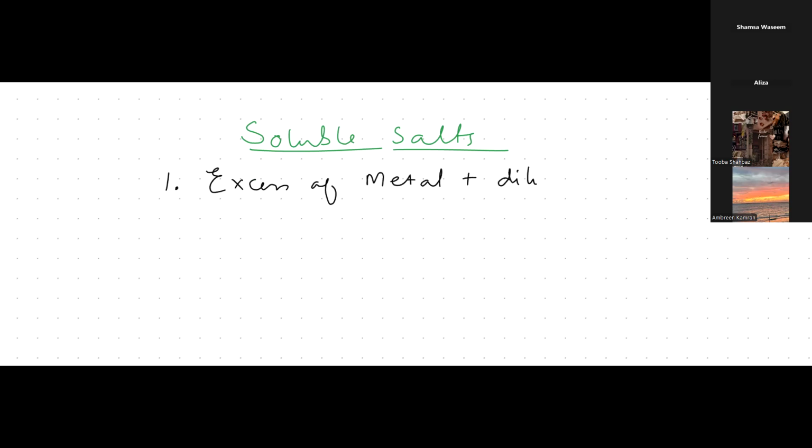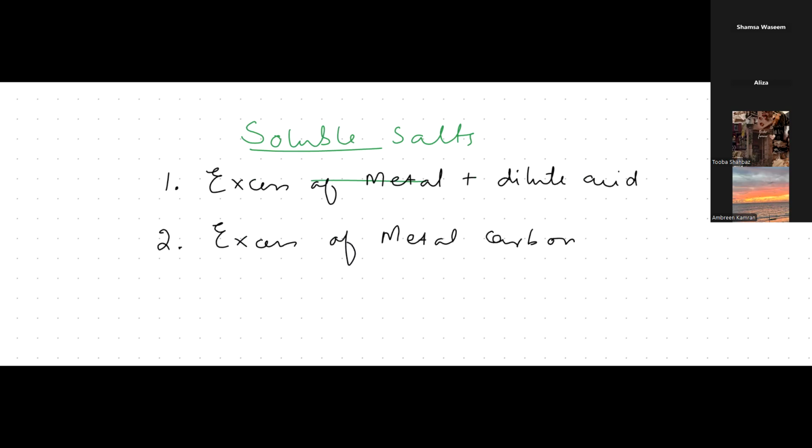I'm going to write on excess and let you know each and every point why we are using that excess. One method to prepare soluble salt is the use of excess metal plus dilute acid. The second method is the use of excess metal carbonate plus dilute acid.